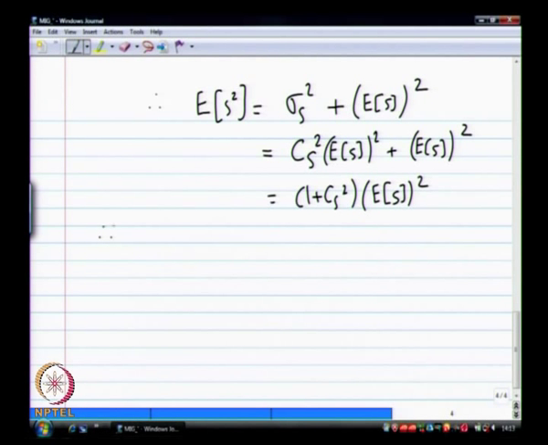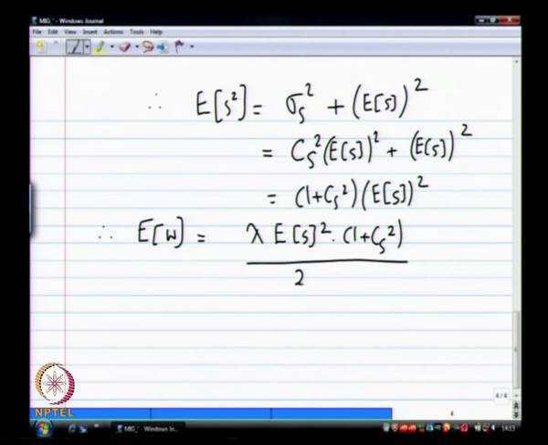So therefore E of W, the generic expression that we derived, is now simply this. I am just plugging in our E of S squared with this term, that is all, which we know, right.